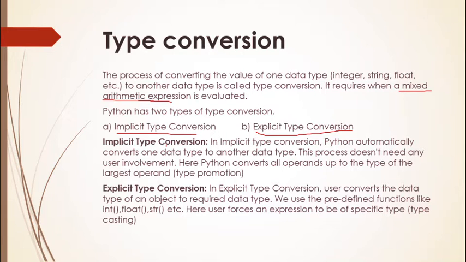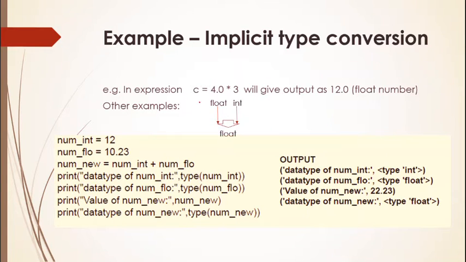Okay, let's first see what those are. Here we have given an example. What is type conversion? In the expression, we have taken c equals 4.0 multiplied by 3. The first value is a float value and the second value is an integer value.